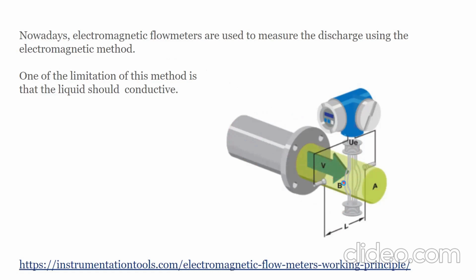Remember that the magnetic field produced by the coil, the direction of the flowing liquid, and the EMF induced are in perpendicular direction. This EMF is measured by the two electrodes present at the side of the pipe. These electrodes send the signal to the electronic device and give us the discharge.